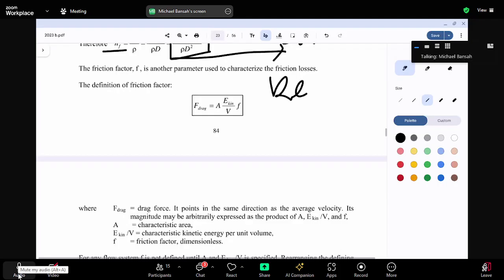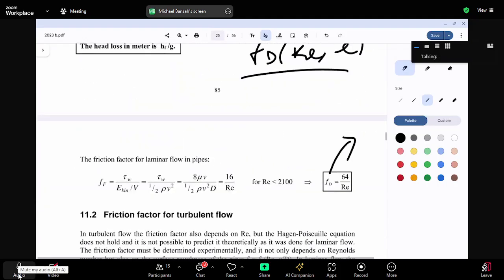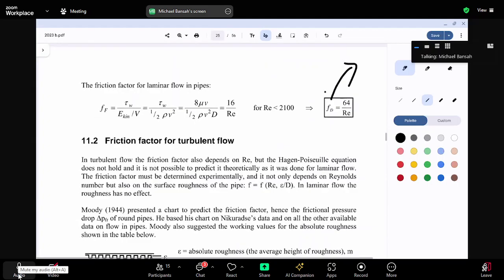Now, there is also another way, which will give you a rough estimate. That is this, 64 over Reynolds number. And it is correct when you use it. Just calculate your Reynolds number. Then 64 over Reynolds number should give you the answer. Is that fine?